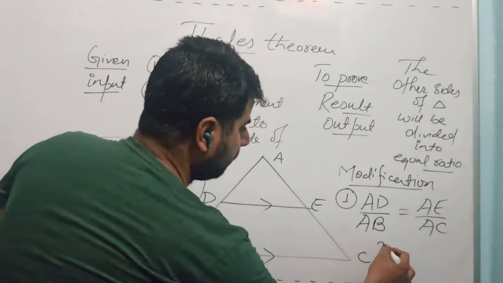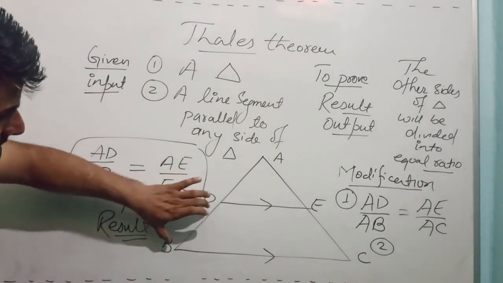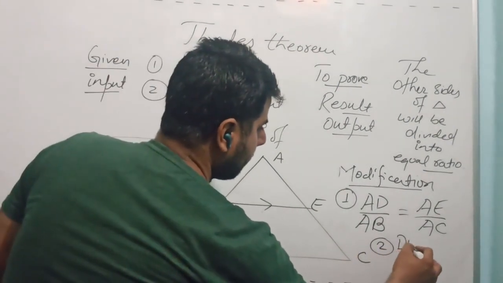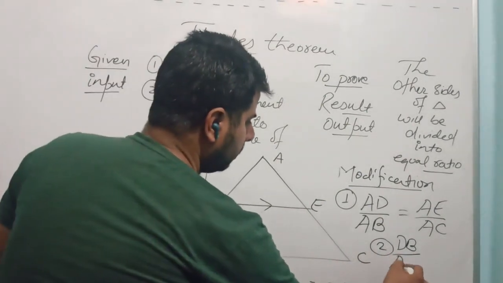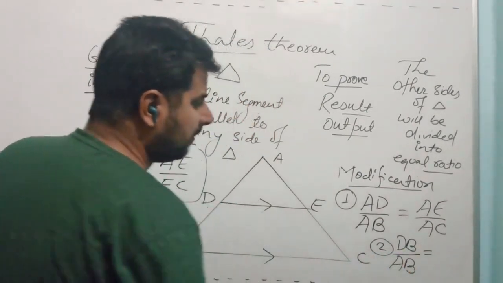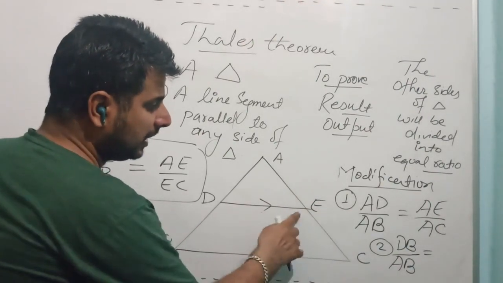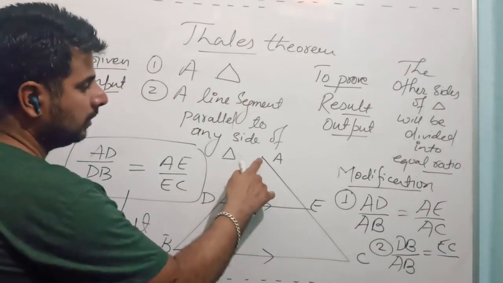Now the second modification is, if we take the lower part, that is DB, with the full one, that is AB, then in the same way, please reply with me, what is the other side? EC upon AC.